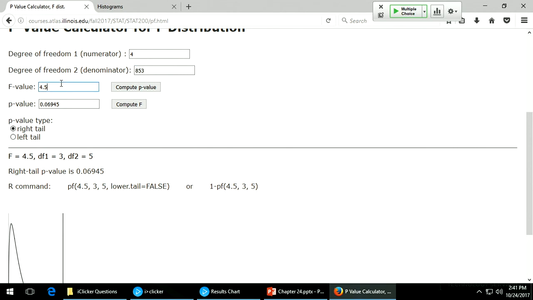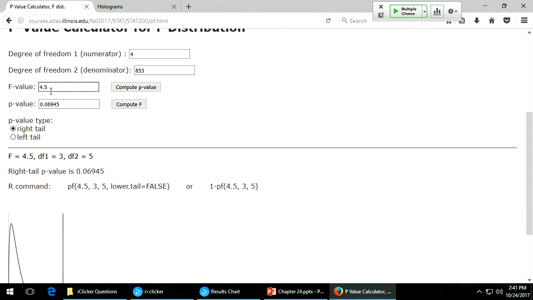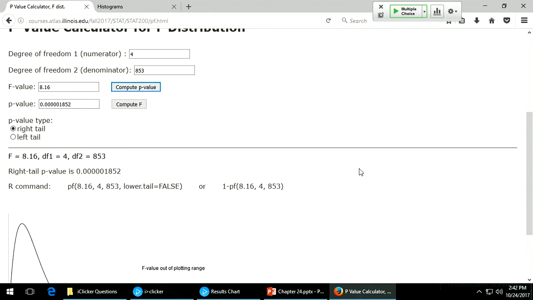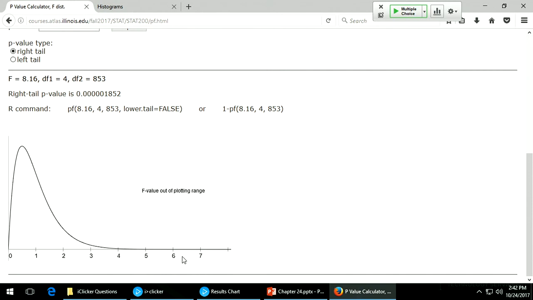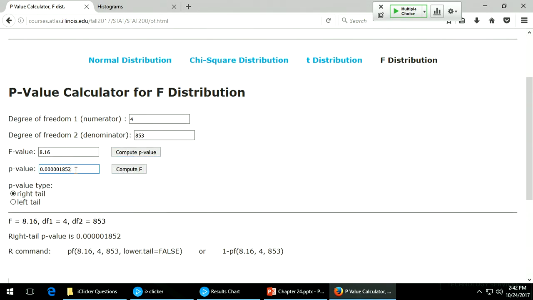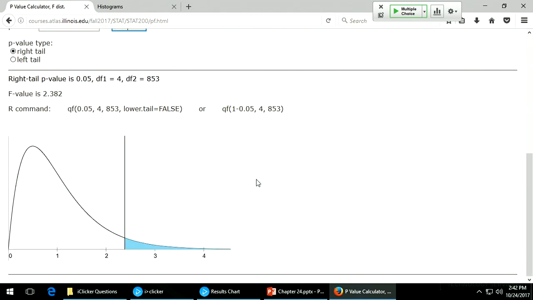And then our F ratio is 816. So what p-value do we get? It's just out of range. It's so small. If we put in 5%, there's where the 2.382 is. That's what it looks like. We just can't see it. It's so small. Okay? So we'll reject the null. Does that make sense?